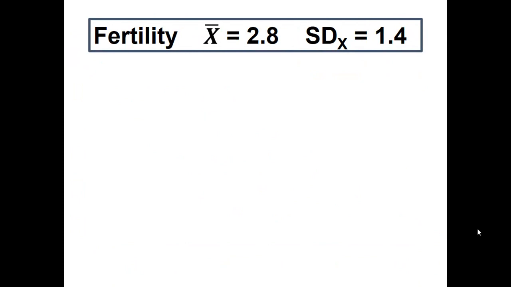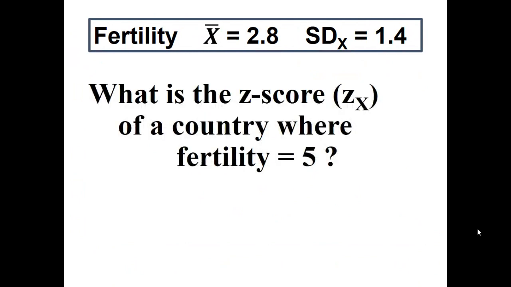Instead, I want you to calculate a z-score. What is the z-score of a country where fertility is equal to 5? So go ahead, make the calculations, and write down the z-score you get. And I'm going to give you about 30 seconds or a minute, somewhere in there, to find it.